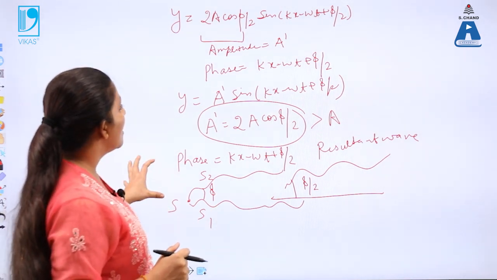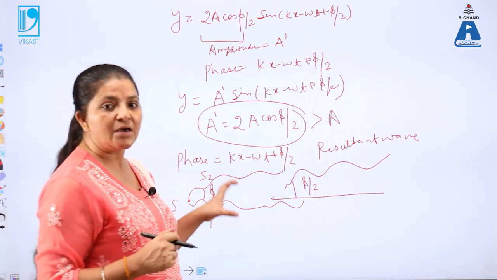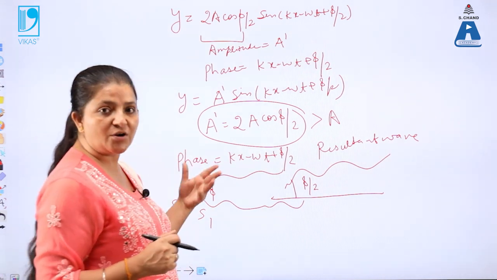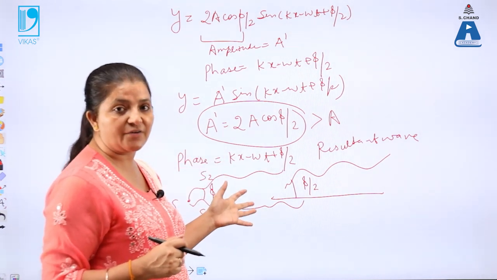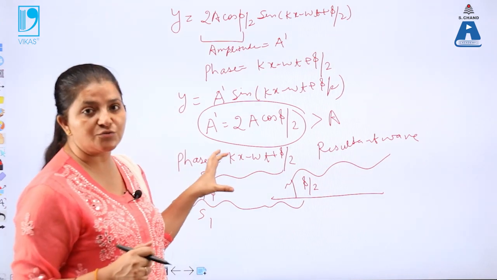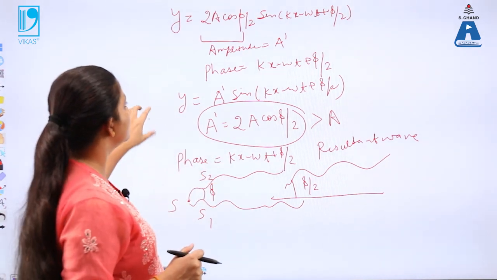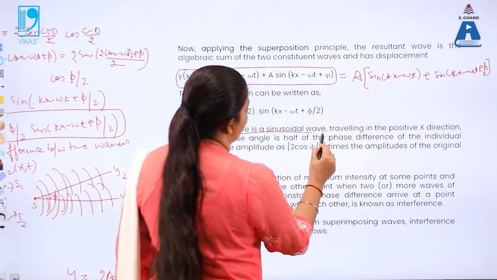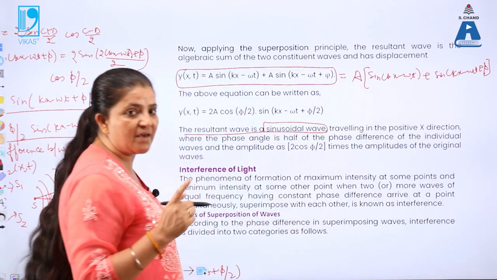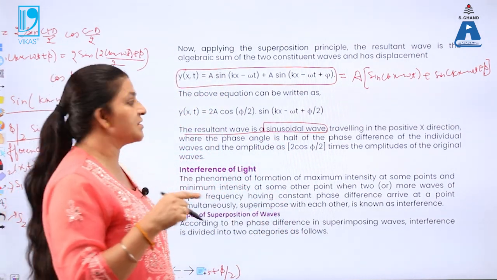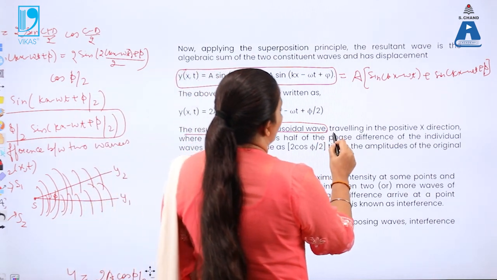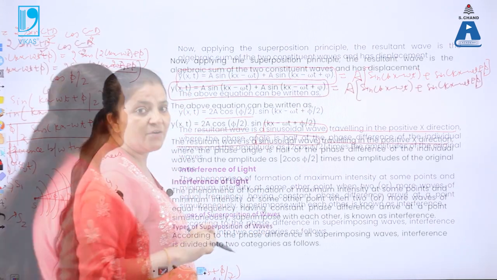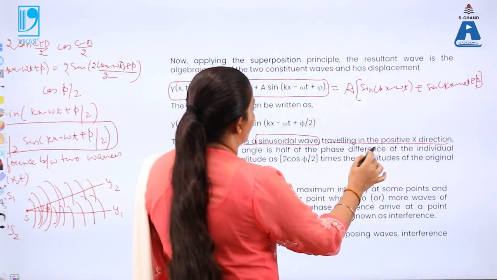Now this represents how the superposition principle is applied to waves, and how the phase and the amplitude get modified. All these things are described by using the superposition principle. According to the superposition principle, the resultant wave is a sinusoidal wave, because the initial waves are sinusoidal, so automatically the resultant wave is also sinusoidal, and it is traveling in the positive direction, because the amplitude is positive and the waves are traveling in the positive direction.